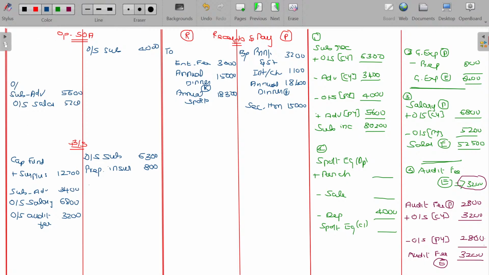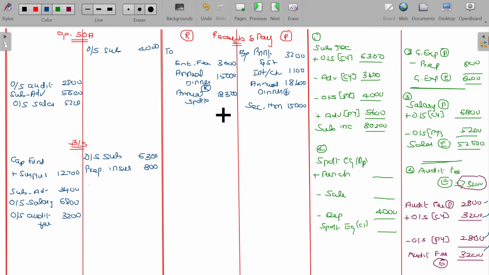So here, outstanding audit fee, this value being 2,800. Outstanding for the current year 3,200 also posted. The payment is also posted. Outstanding of the previous year posted. Outstanding of the current year also posted.